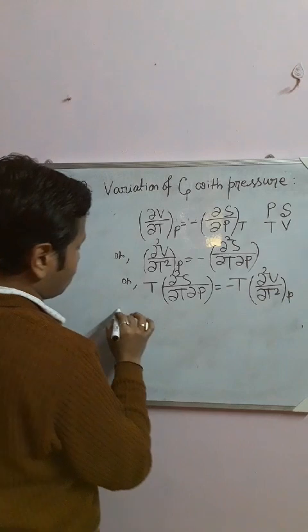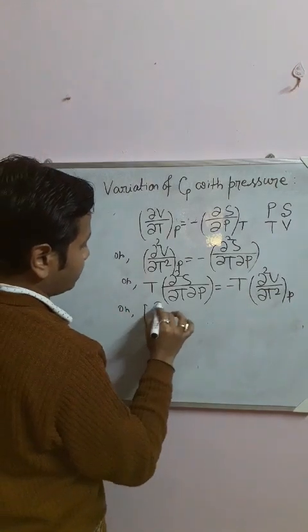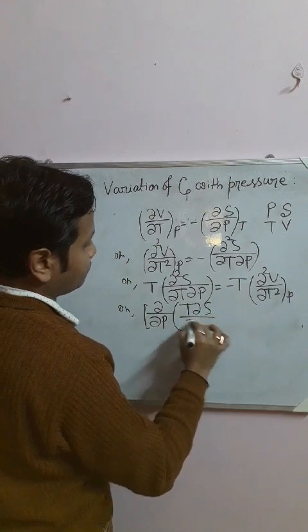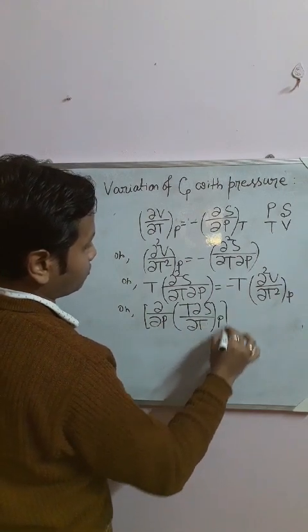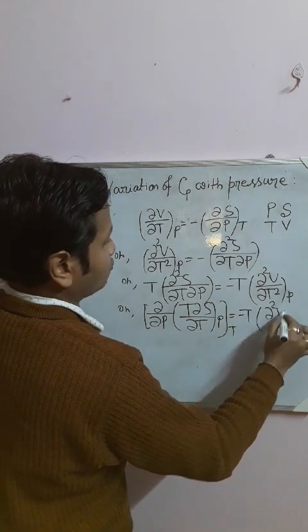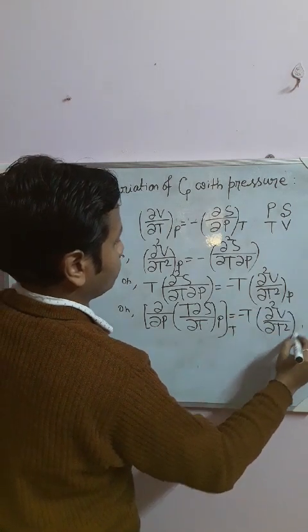Okay, so you can write del P of this as del by del P of T del S by del T at constant pressure, which equals minus T del 2V del T2 at constant P.